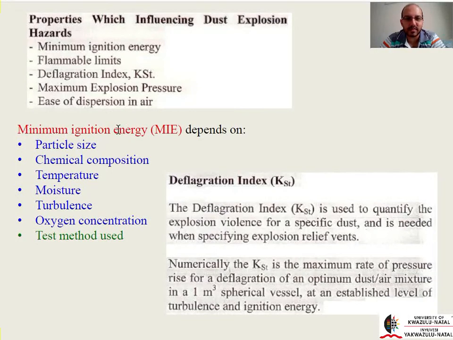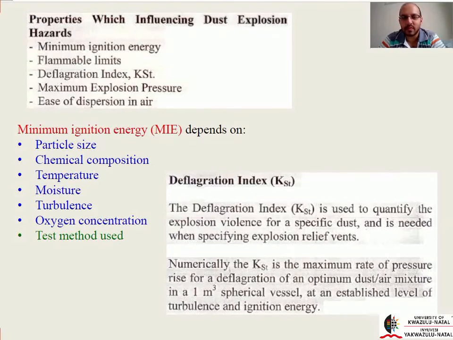In terms of your minimum ignition energy, that depends on the particle size, the composition, temperature, presence of moisture, turbulence, the amount of oxygen, and whatever test method you are using. In terms of your deflagration index, KST, it's used to quantify the explosion violence for a specific dust, and it's needed when specifying explosion relief vents.